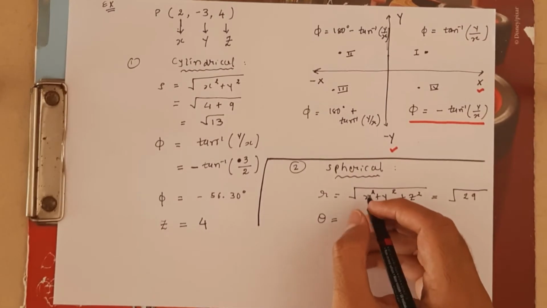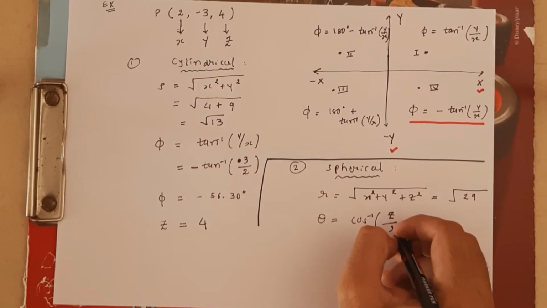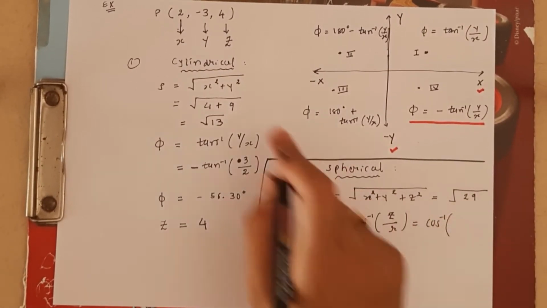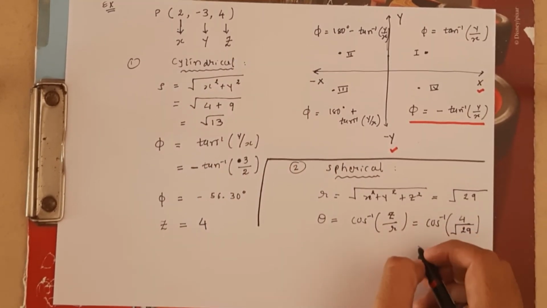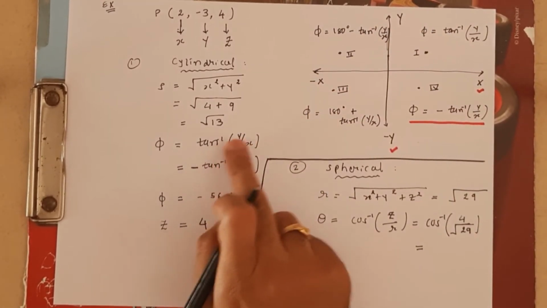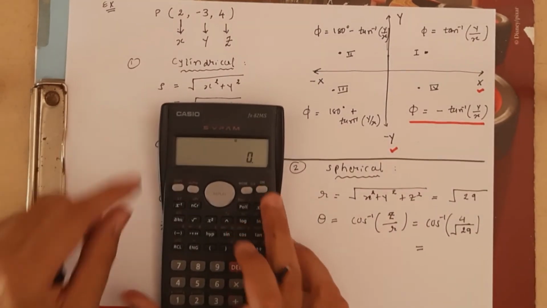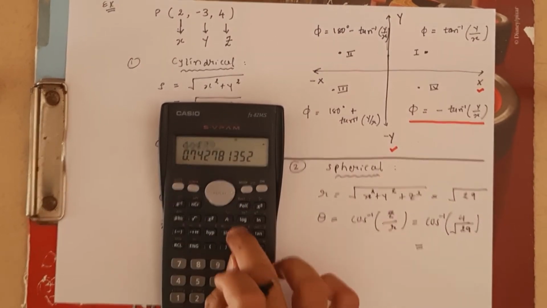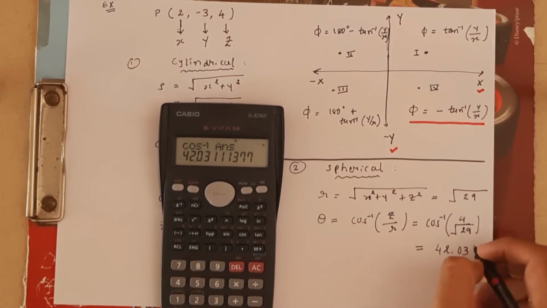Theta is equal to cos inverse z by r. So cos inverse z, the value of z is 4 and the value of r is under root of 29. See here, we apply that quadrant case only for y by x, tan inverse y by x, not for cos. So it is cos inverse of 4 divided by root 29, which is 42.03 degree.